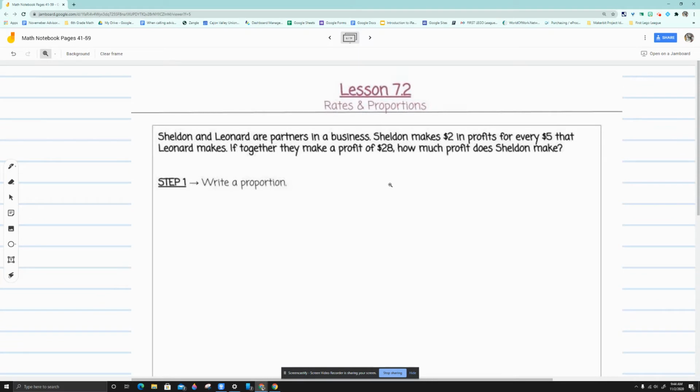Okay, so at the very top it says Sheldon and Leonard are partners in a business. Sheldon makes $2 in profits for every $5 that Leonard makes. If together they make a profit of $28, how much profit does Sheldon make? Okay, so first off, Sheldon makes less.